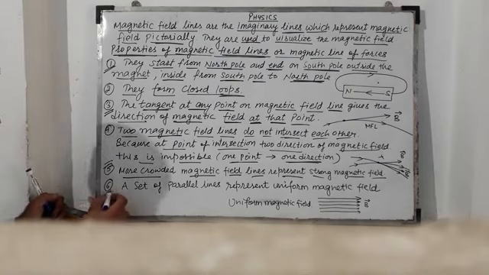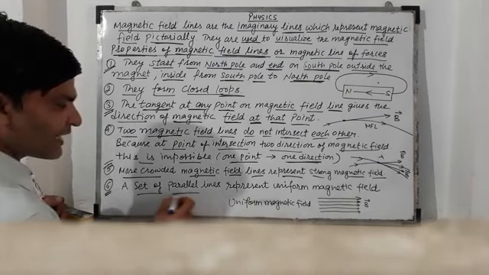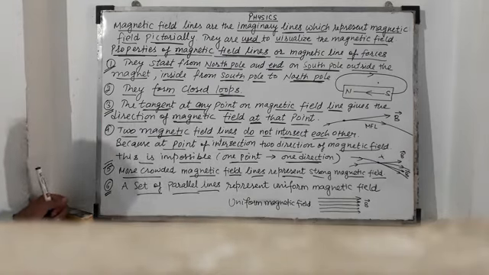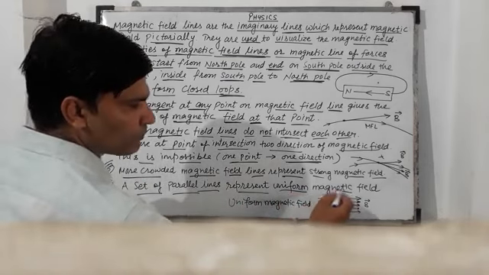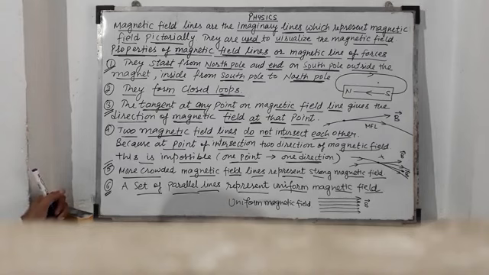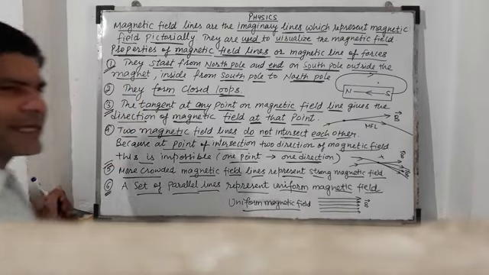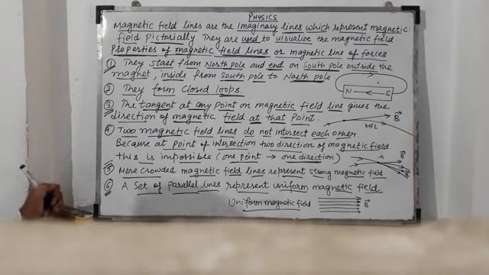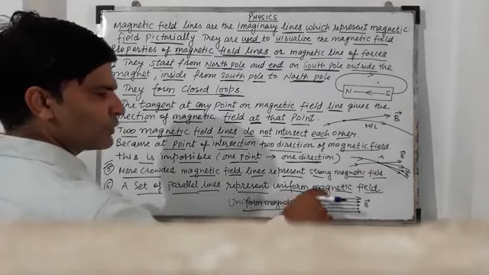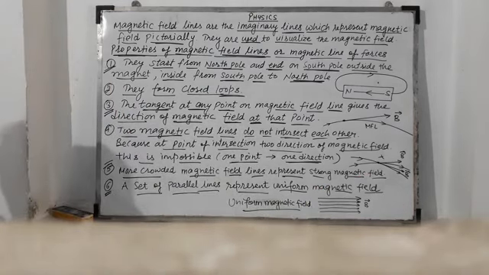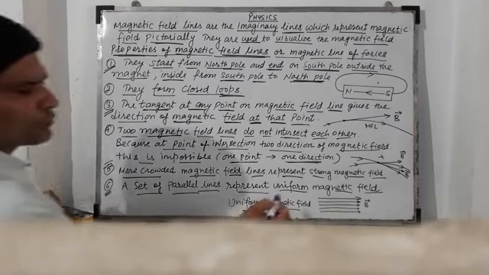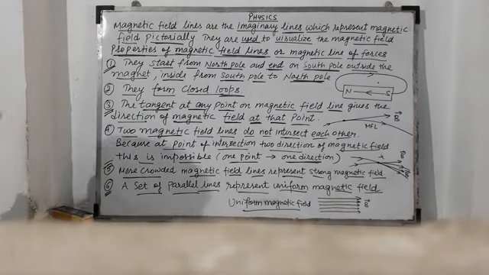Now the last property is that a set of parallel lines represents a uniform magnetic field. Uniform magnetic field means the direction and magnitude at all points remain the same. Once again, for a uniform magnetic field, the direction and magnitude at every point remain the same.